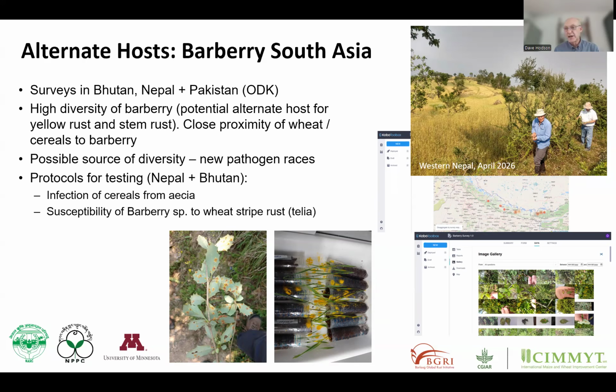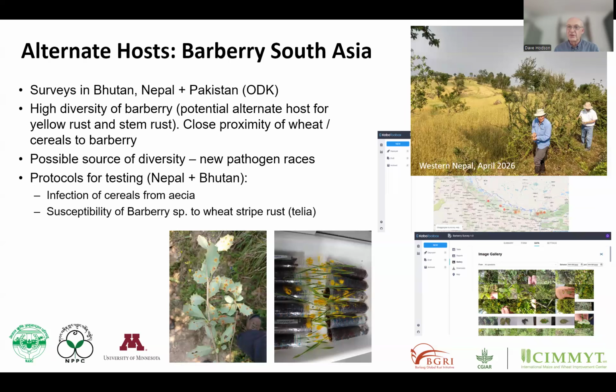We're collecting data on locations and photos to help us identify the species. Across the region, we're seeing this proximity of Barberry next to the wheat crops. You can see the photo of Western Nepal during a recent visit from Dr. Eugene: Barberry right alongside the wheat crops.